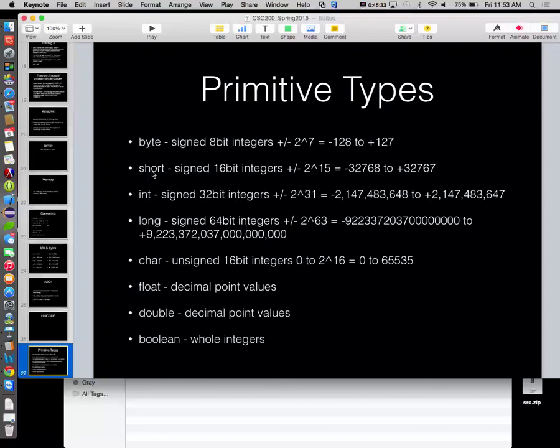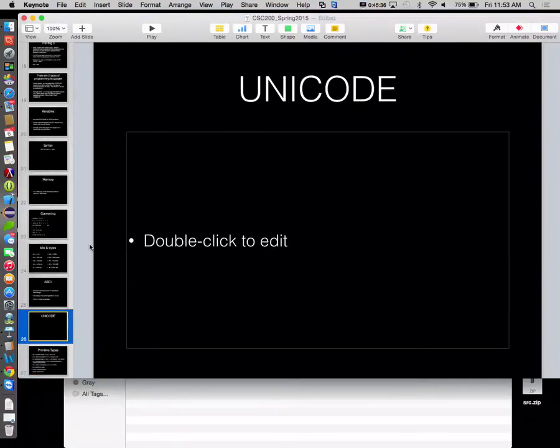Make sense? So Unicode has 65,536 unique characters, covering a large percentage of the world's languages. Not necessarily all of them, but a large percentage.